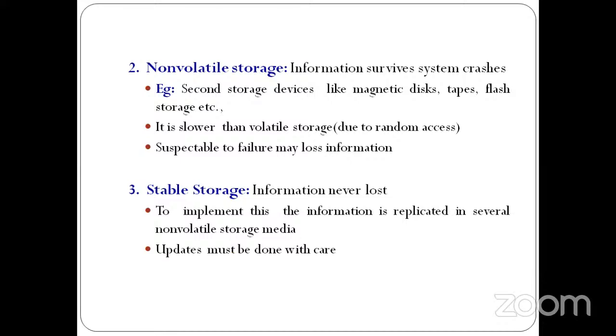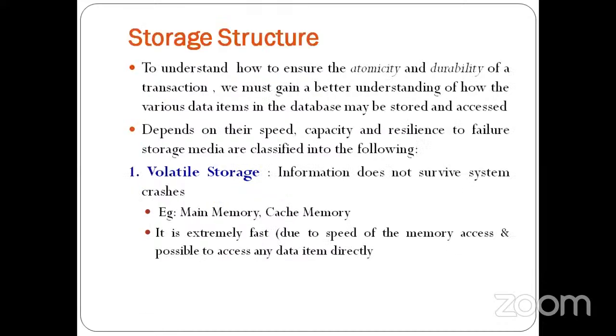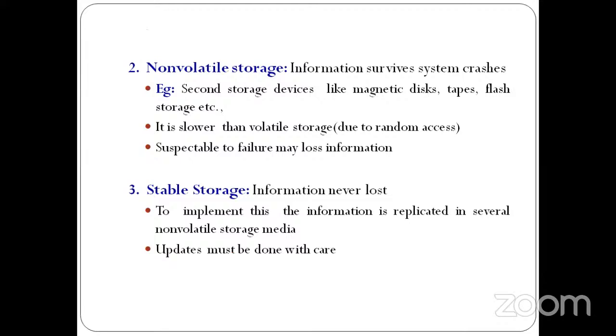There we have extremely fast access, due to the speed of memory access, it is possible to access any data, very fast. This is slower than the volatile storage due to random access. Some susceptible failures may lose the information, but it rarely happens in non-volatile storage.